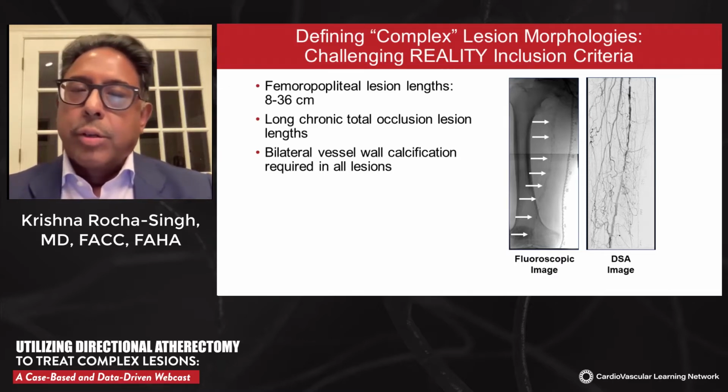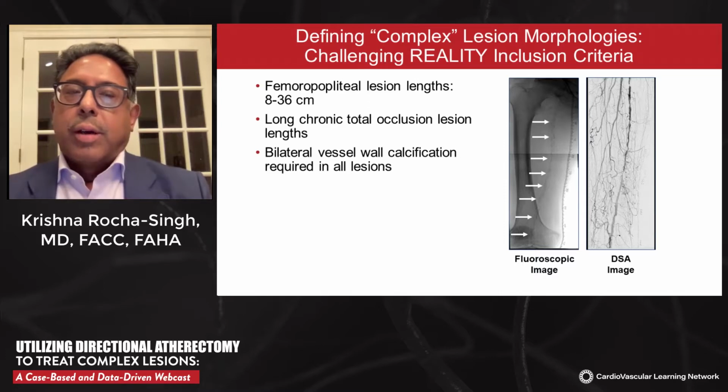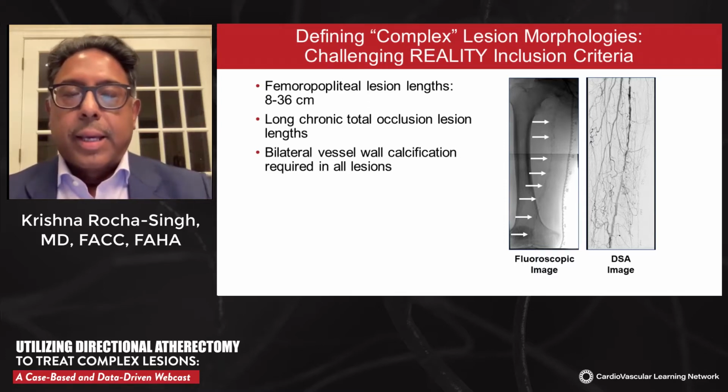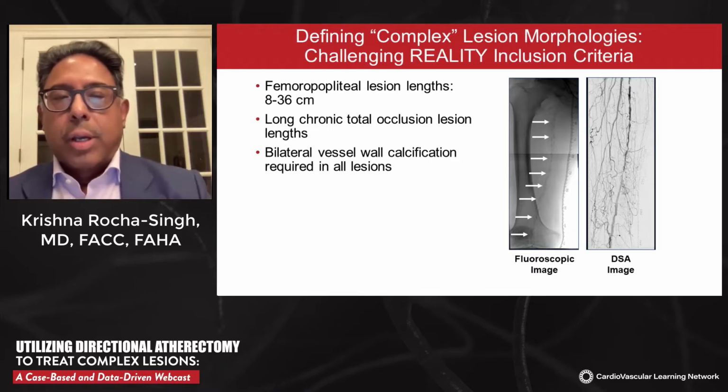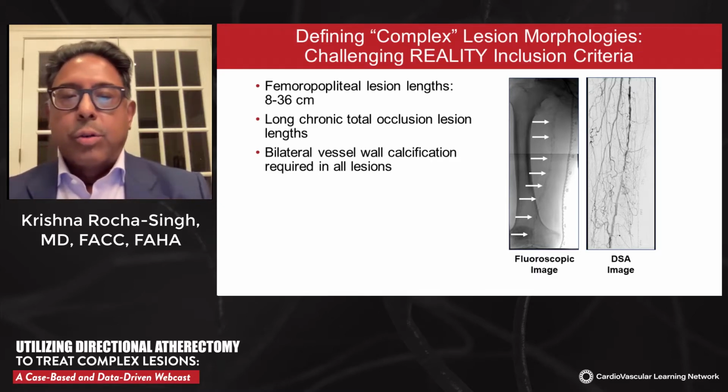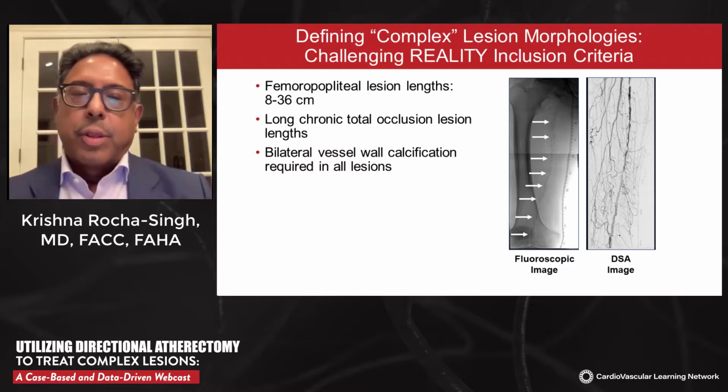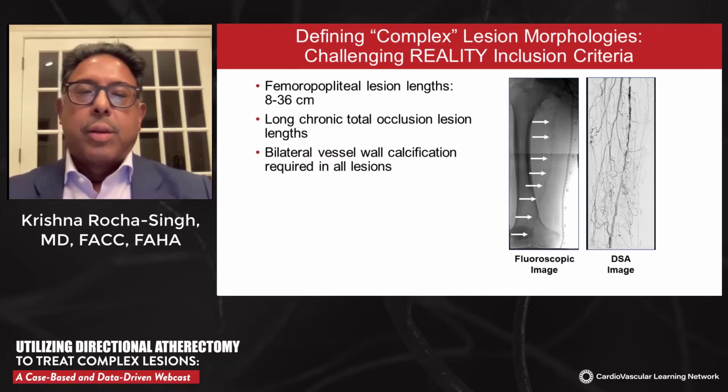We also wanted to look at the association of these long lesions with CTOs, and indeed we saw a high incidence of long lesions and total occlusions. And we sought to define severe calcification in a more realistic manner. We looked at bilateral wall calcification as a requirement for the enrollment of these patients in REALITY.